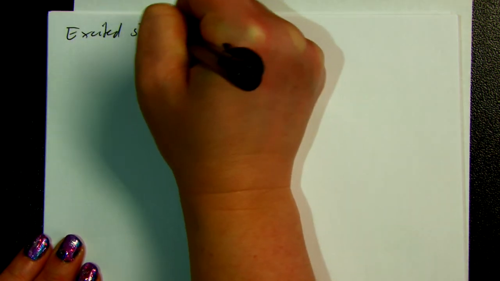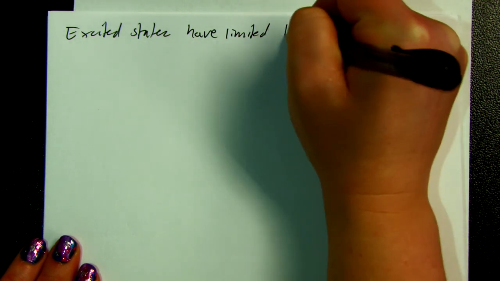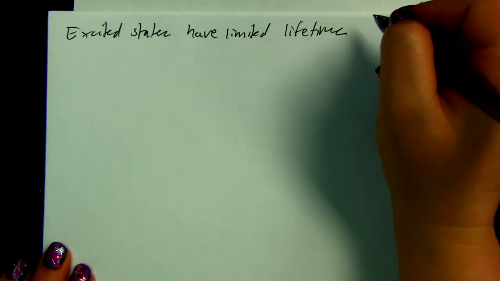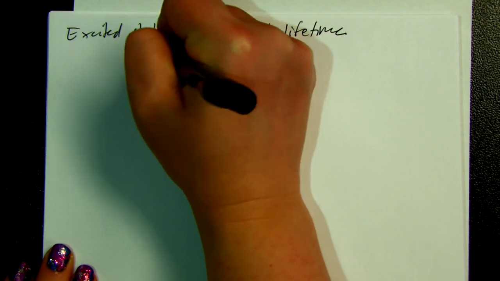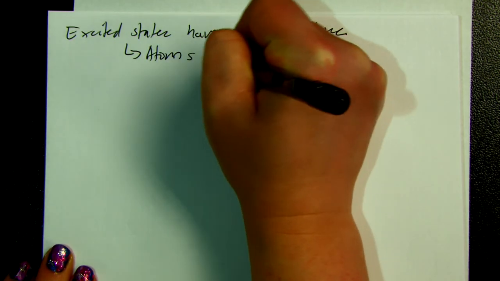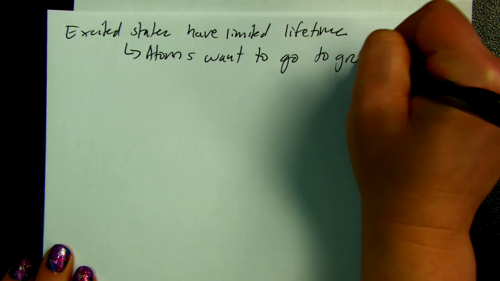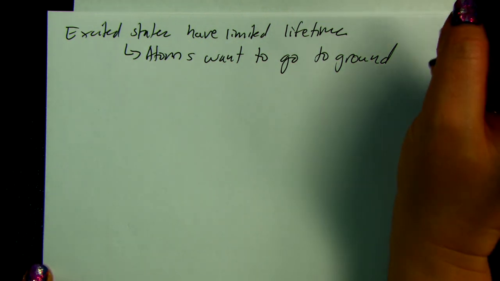Sticking with the idea of excited states and photon emission. Excited states, as I've said before, have limited lifetimes. So they want to decay, and they're going to decay by emitting photons. So atoms want to go to ground. How long they will stay excited depends on the particular element.